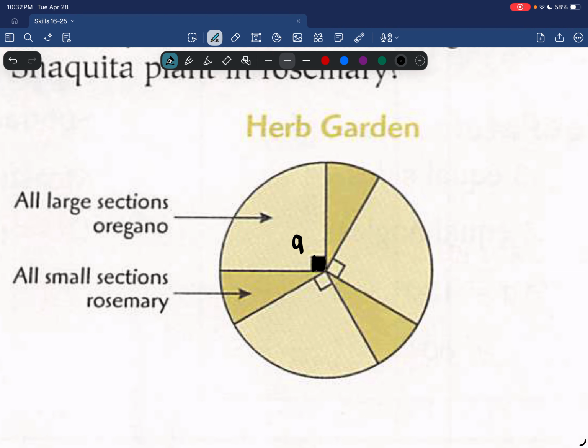That is 90 degrees, which means that this one is also 90 degrees. And that one would be 90 degrees. So 90 times 3, bring the 0 over, and you have 270. That is oregano.